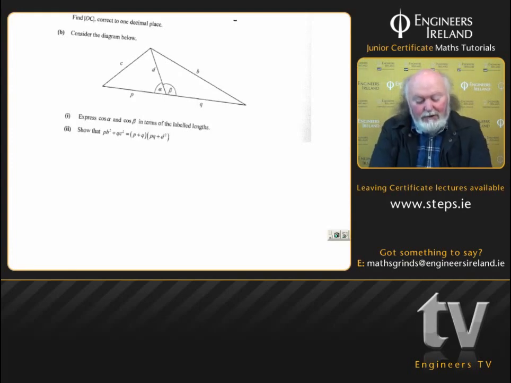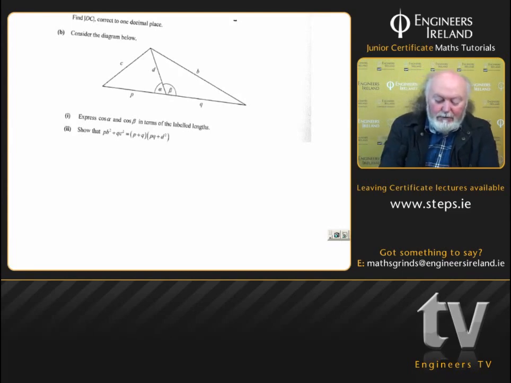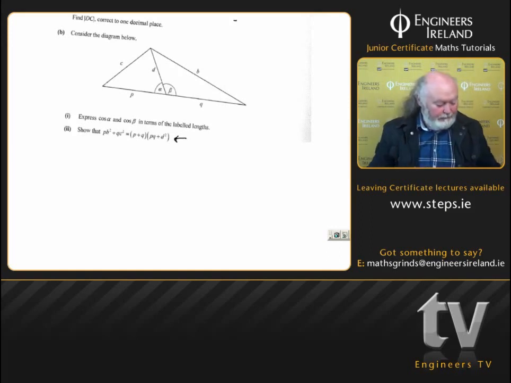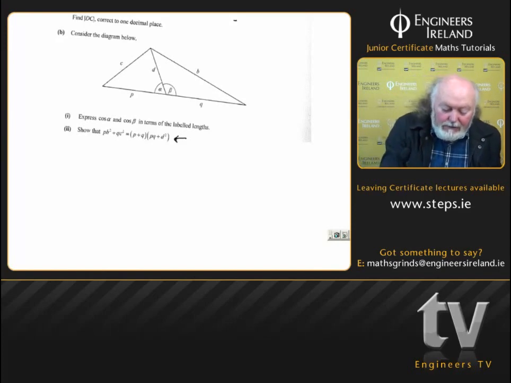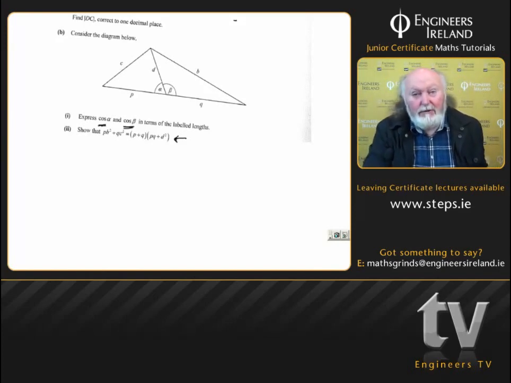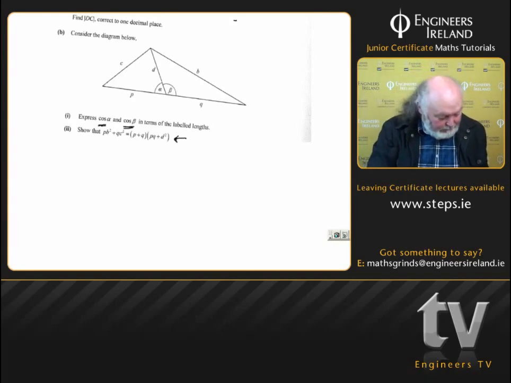Again, 3 triangles, and you're asked to express cos alpha and cos beta in terms of the labelled lengths, and to prove that that is so. Do you notice it's looking for cos and cos? So it's screaming out to you to use the cosine rule.